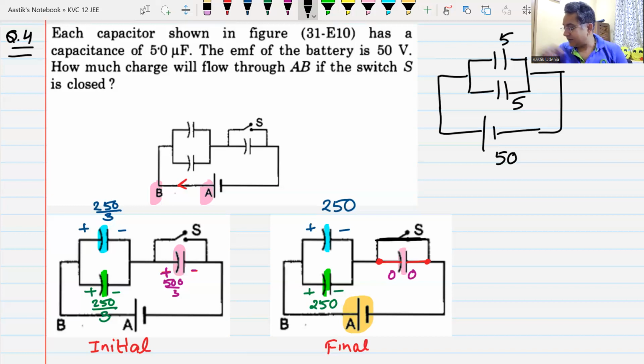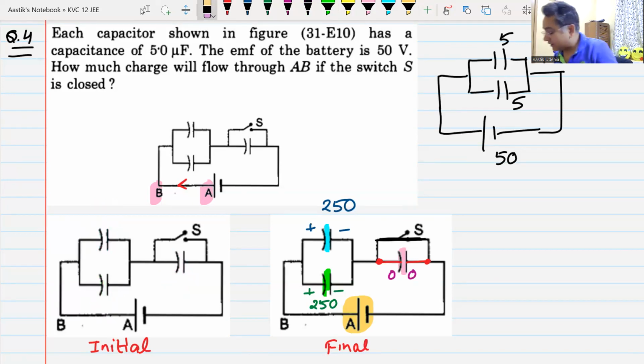I think someone has given this answer wrong. I think no one would have understood this one also. I should do this one again.